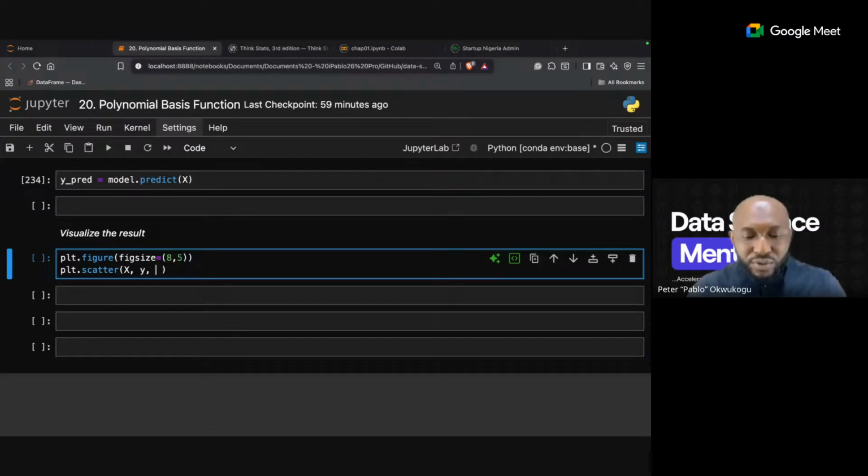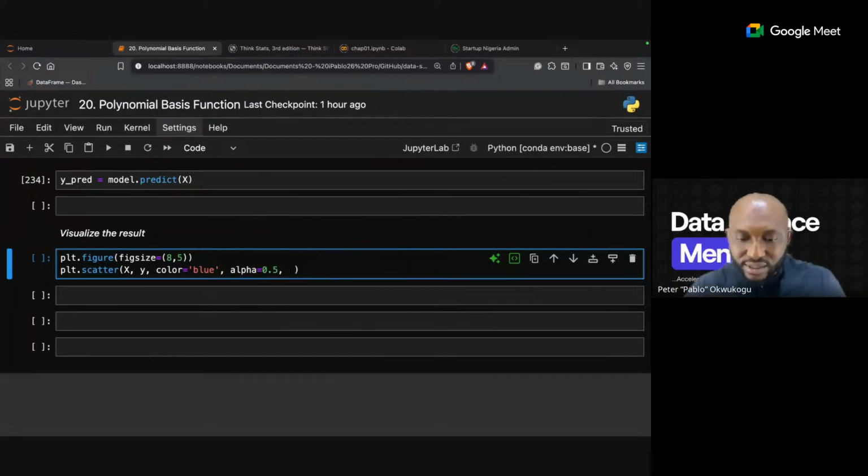Then we're going to put the color. We're going to call color here blue. Then the next thing we'll do is alpha. Alpha helps us create a form of visual transparency, so if you put two things together, it can be sort of transparent. What we're trying to do is line up two plots side by side.